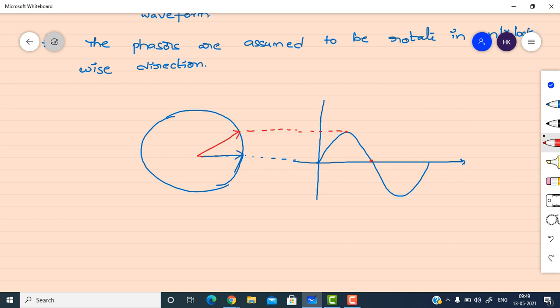Next, at this position, again 0. So this phasor will come to this position, exactly opposite to this. Next, at this position, the waveform is at this position. Then the phasor will be like this.